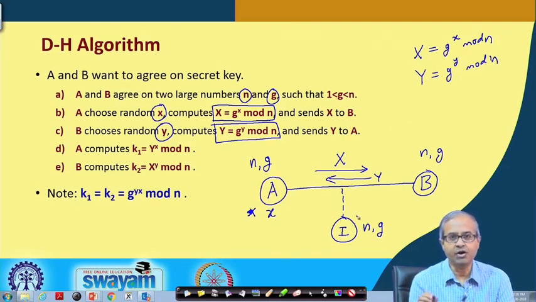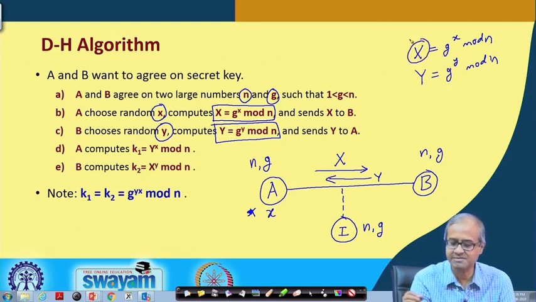Now, the discrete logarithm problem says that if I know g, if I know n, if I know capital X, then what is the value of small x? Similarly, for the other case, if I know g, n and capital Y, what will be the value of y?